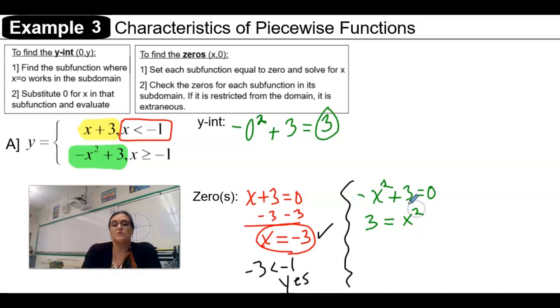And to undo a square, we need the inverse, which would be a square root. So we square root both sides. And when you square root a squared variable, you get a plus or minus answer. So I have two solutions that I need to check. Either x is equal to the positive square root of 3.